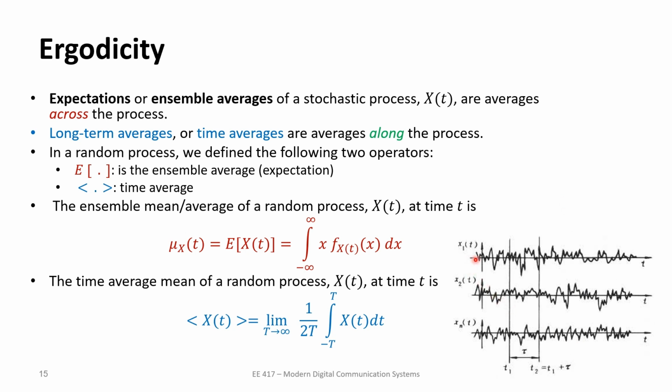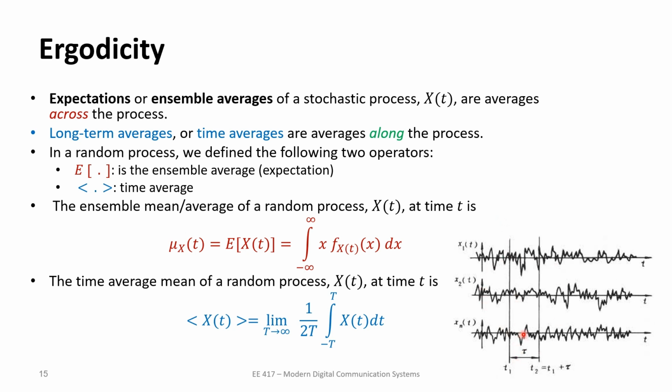But we can take only one student and look at his weight versus time. This is called the time average. If the time average is equal to the expectations or the ensemble averages, then we say that this process is ergodic, which means taking one student across time is like taking all students. The example of weight is not ergodic, of course.